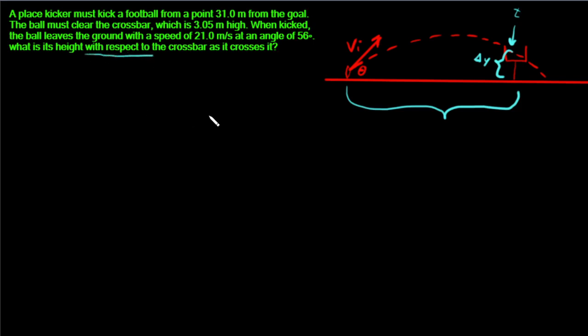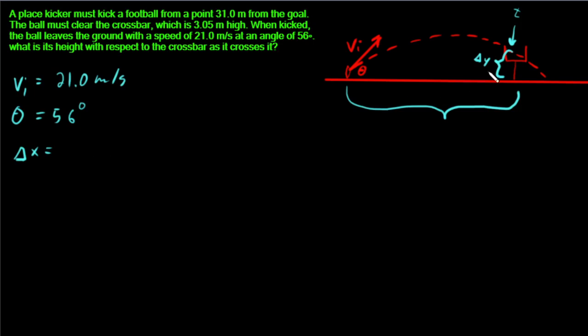All right, so let's get to work. Let's write down some givens. Our initial velocity is 21.0 meters per second. Our angle is 56 degrees. Our distance to the crossbar, and that's the only delta x that we're interested in.